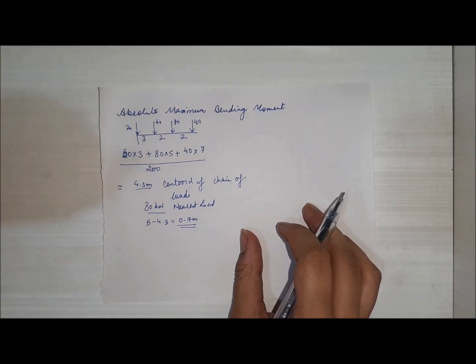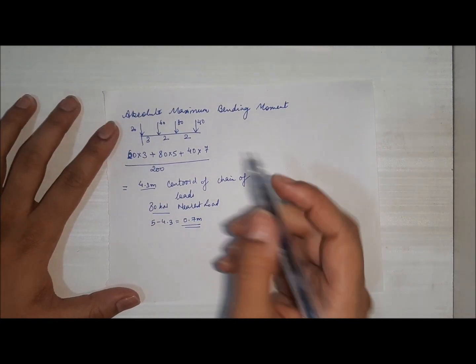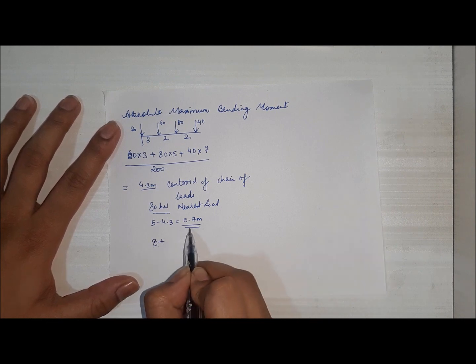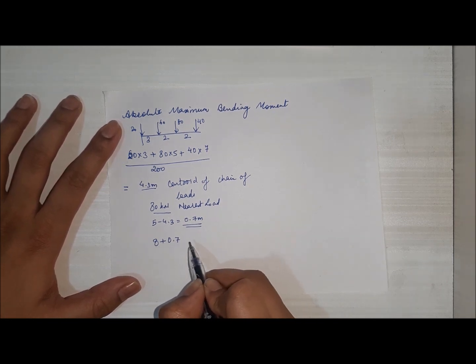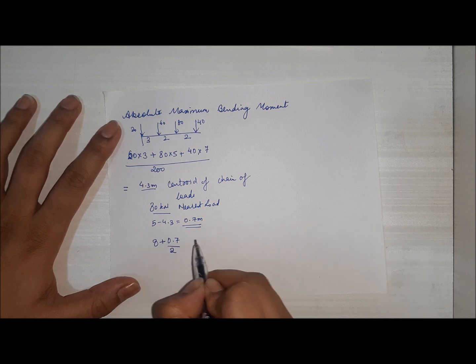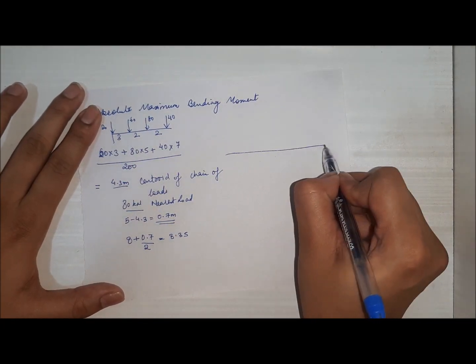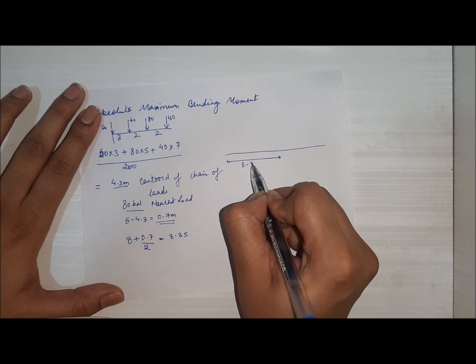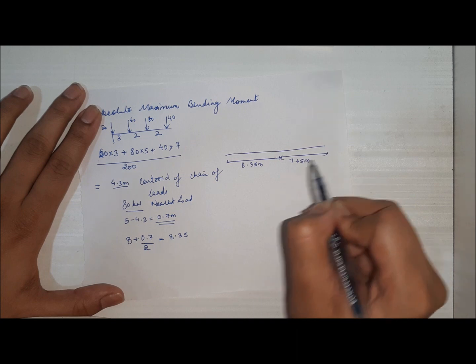Now to find the point where we will get the absolute maximum bending moment, we have the center of span as 8 meter and this is the load where it should be placed. So we take half of 0.7 to calculate the most accurate position. So we will get the highest point at 8.35 from end A, and this dimension will come out to be 7.65 meter.